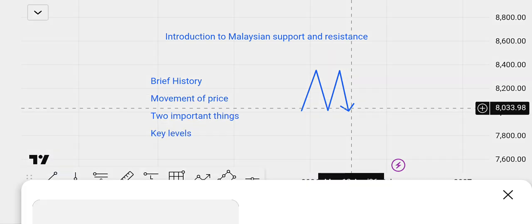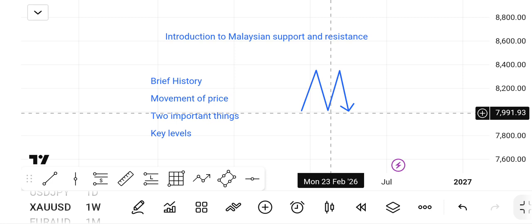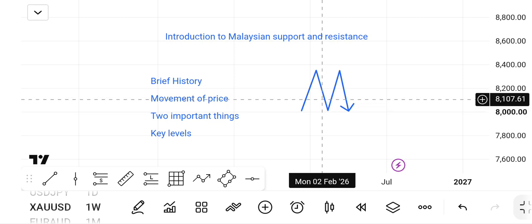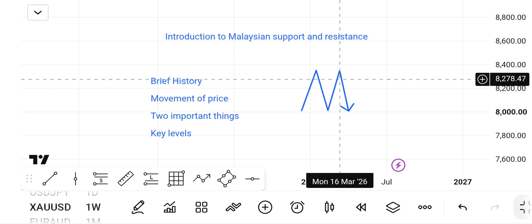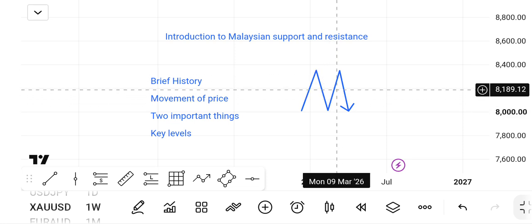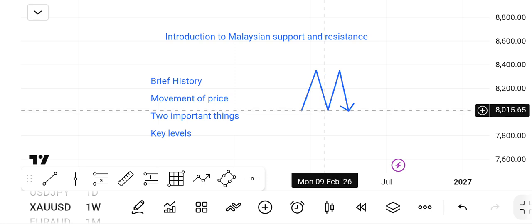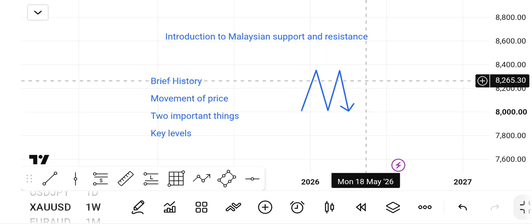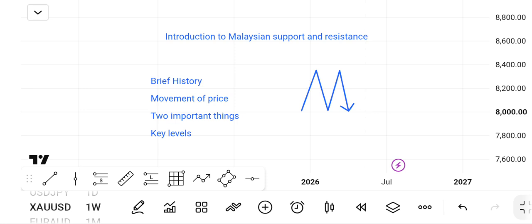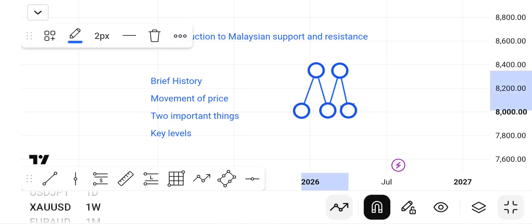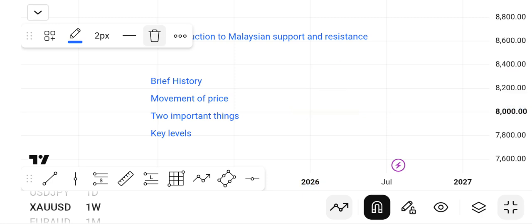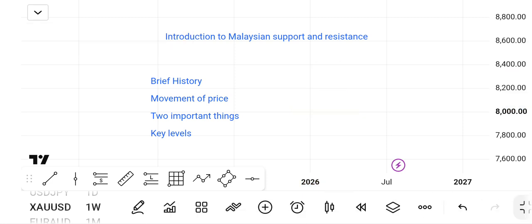Price bounces off these levels, and when we see this resistance level, you know that when price is moving to that place, it is going to sell from there. I'm not here to talk about this basic stuff. I'm just here to tell you that this is the traditional support and resistance. I'm not interested in it whatsoever. What I'm interested in is the Malaysian SNR.